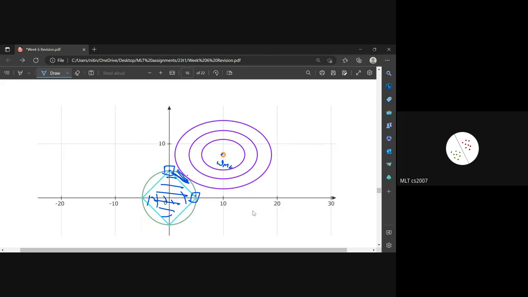It's not that it always hits the corners, but most likely the solution will lie on a corner. A corner means a weight has become zero: if it hits one corner, W2 becomes zero, and if it hits the other, W1 becomes zero.